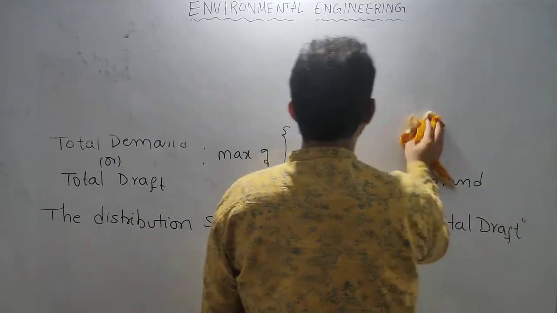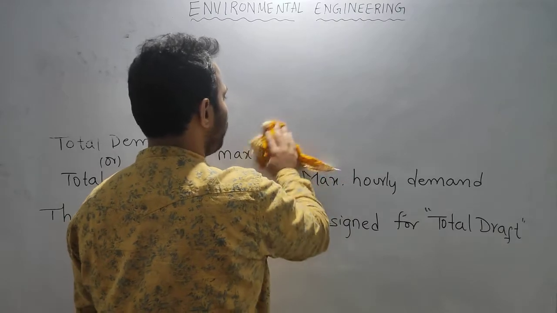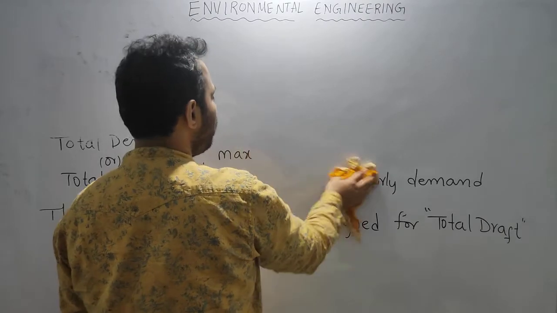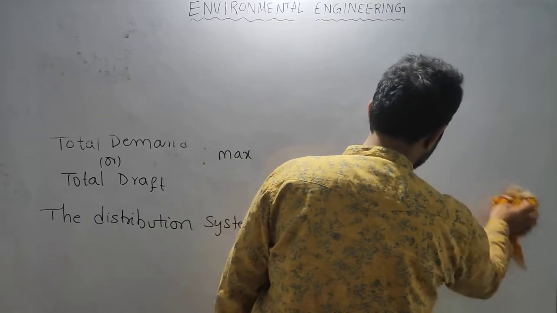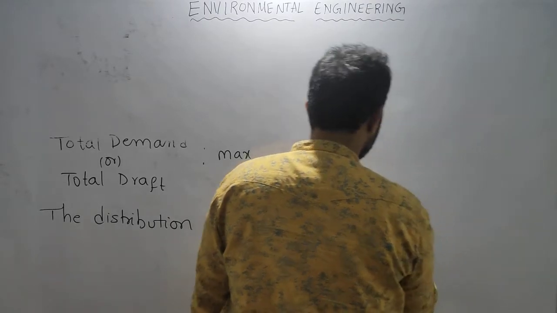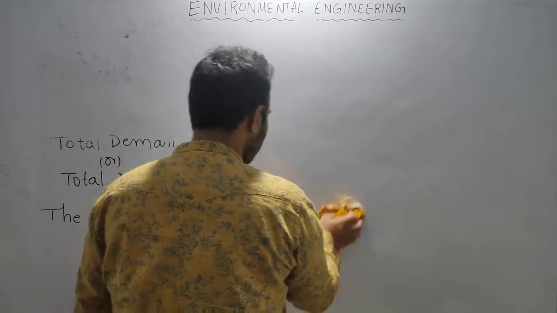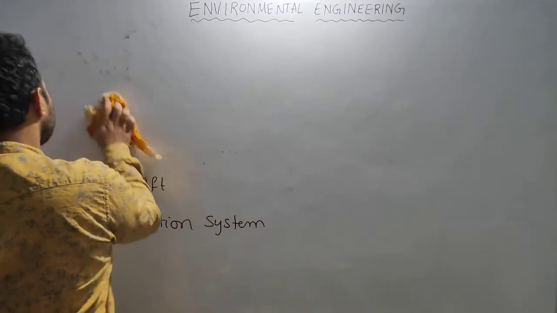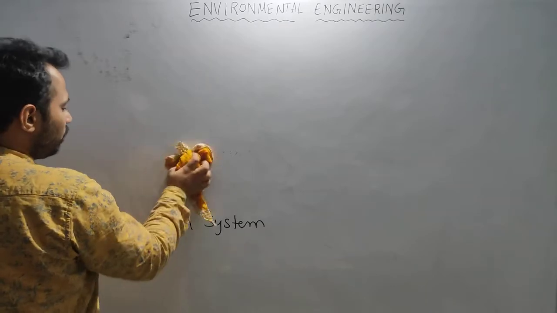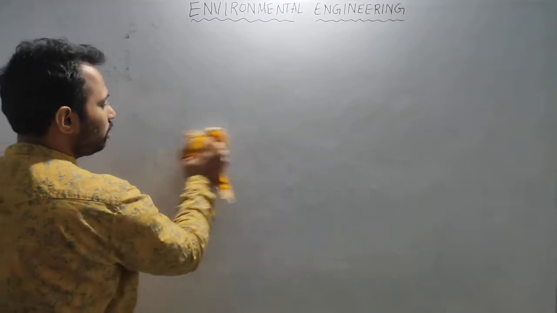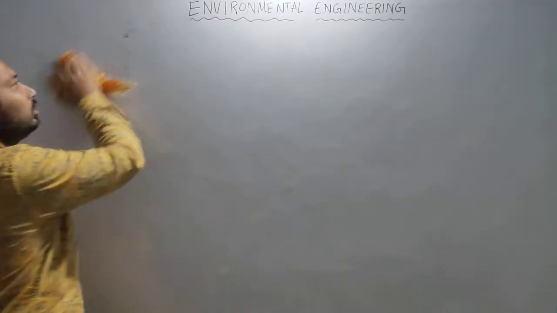Now in the second topic we are going to learn the different types of sources, like surface source and subsurface source, what the classifications are, and how to know the yield of a surface source or subsurface source. All those things we will learn in the next topic. Okay, so now first one, component.